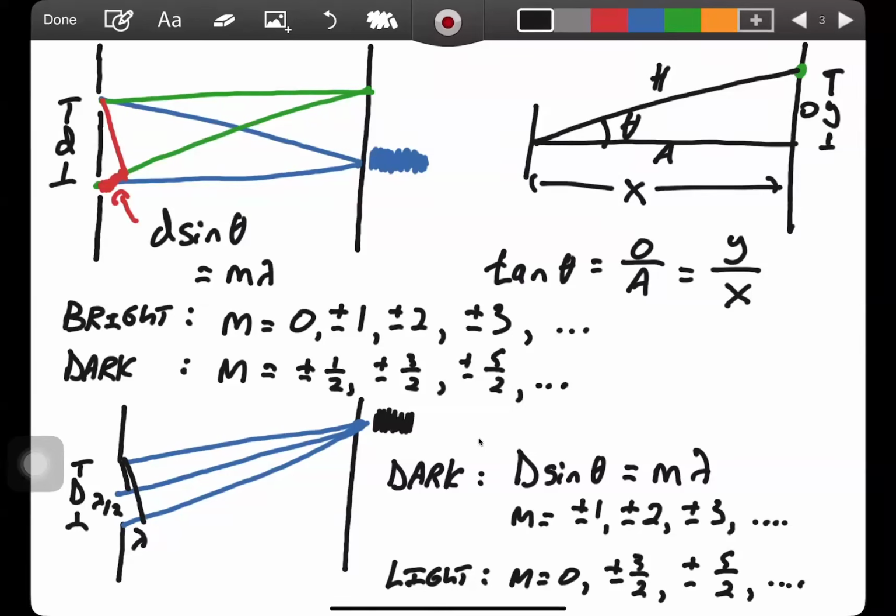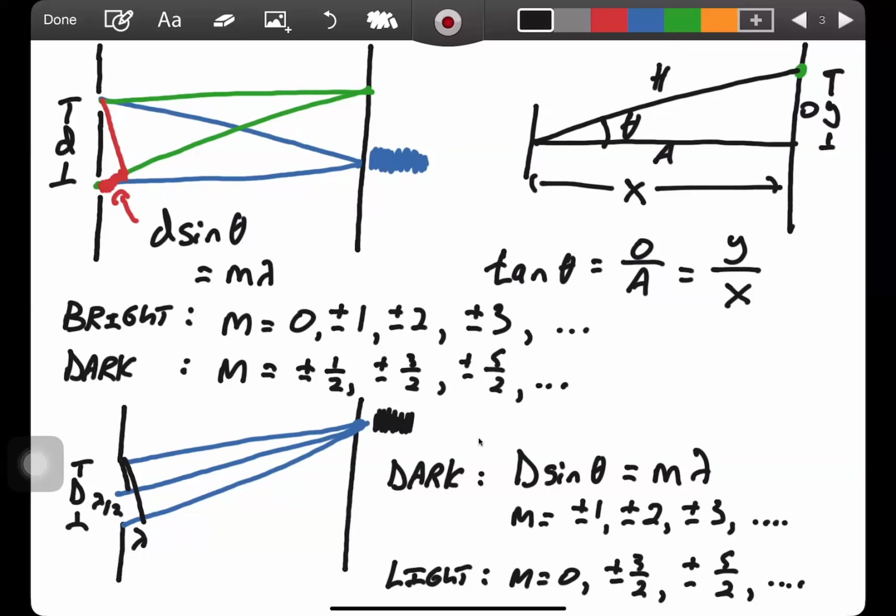And so when you have light going through openings and you have some screen where that light eventually interferes to create an image, then you're talking about differences in path length that are being traveled based on what part of the screen you're on.